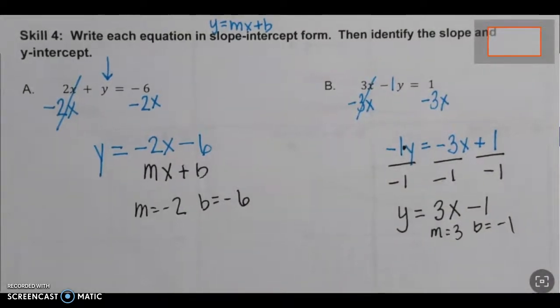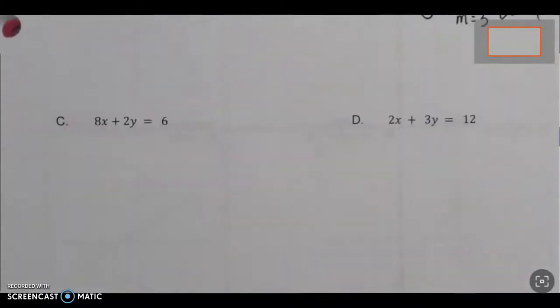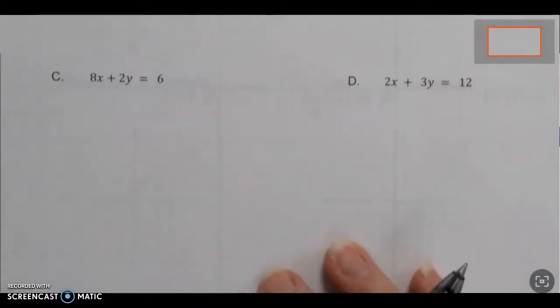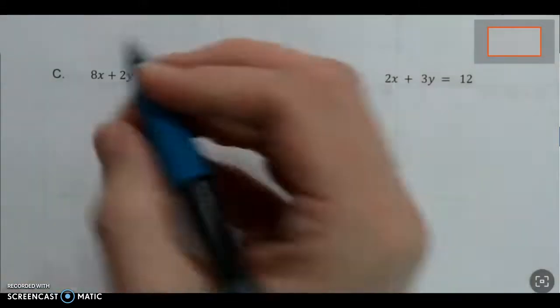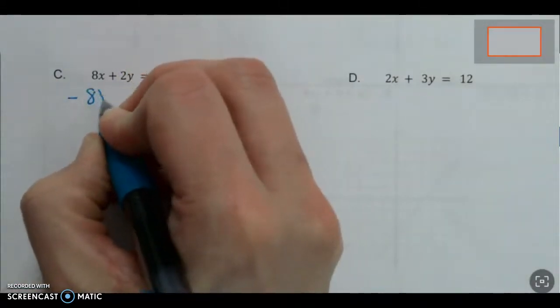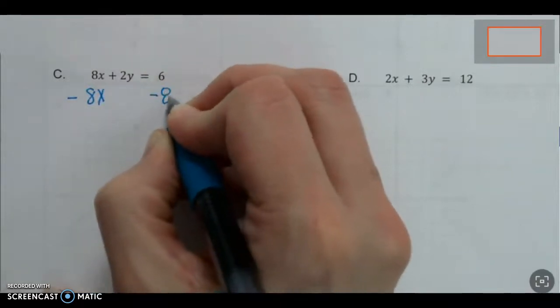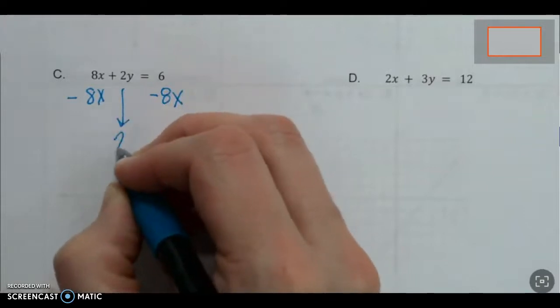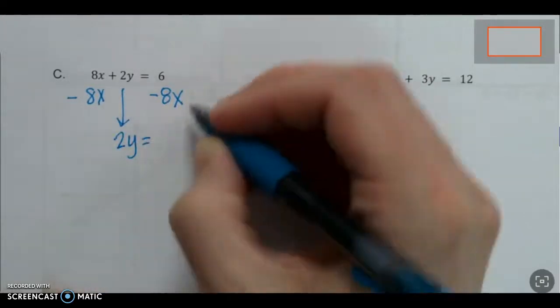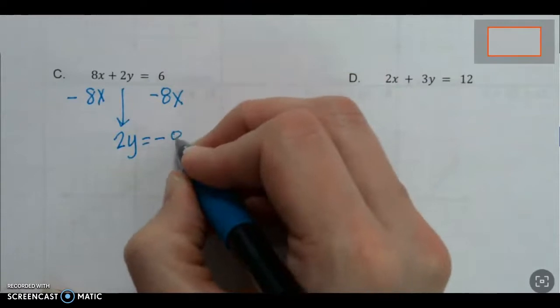We'll do one last question, and then you can work on page 22. Again, we're going to subtract the x part. That'll be your first step every single time. Get that x piece on the other side. Bring down the part that's with the y, 2y. Write these two pieces next to each other.